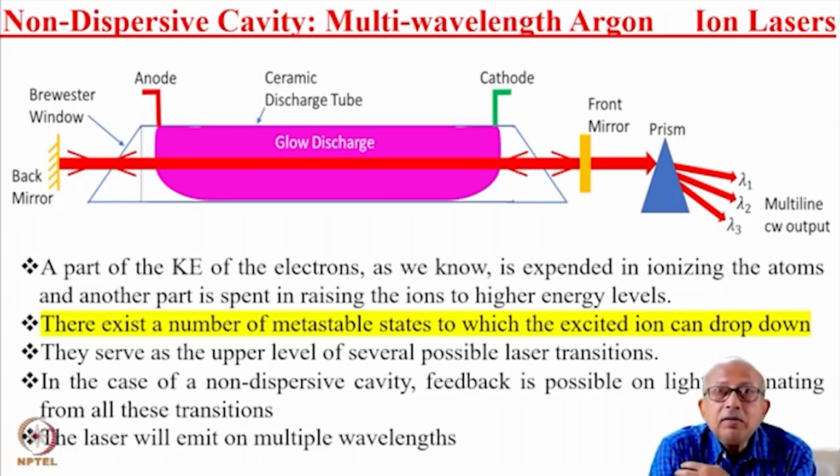And these ions are capable of emitting light at a much shorter wavelength, lying in the ultraviolet or in the lower wavelength side of the visible spectra.